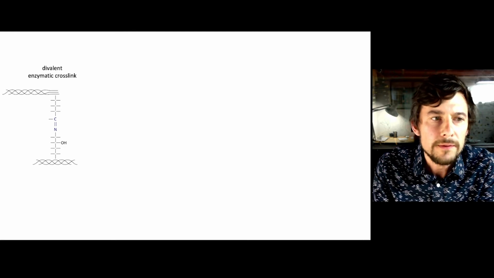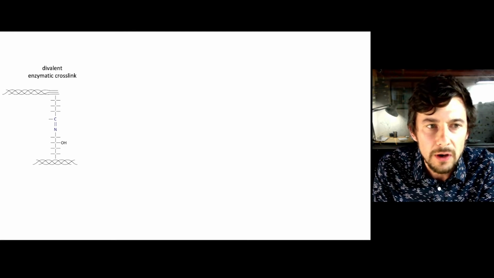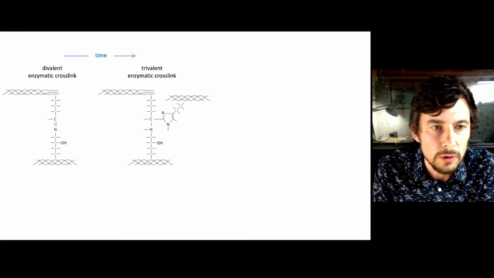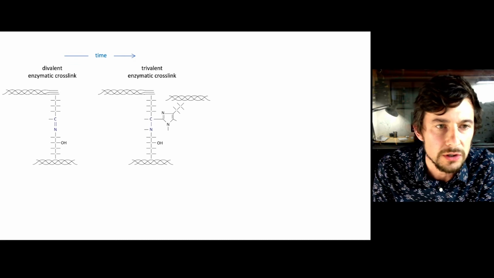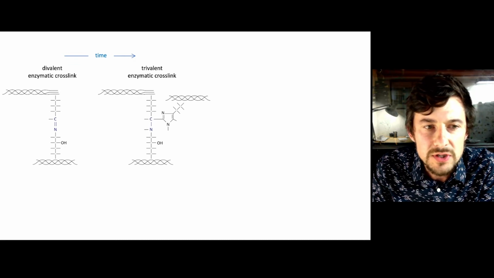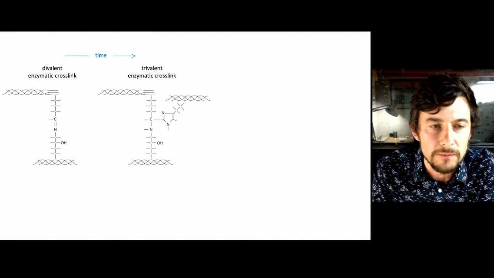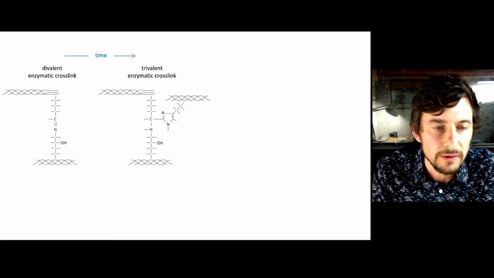Now, with time, divalent crosslinks spontaneously react to form trivalent crosslinks, which link three collagen molecules together. And I'm just showing some of the example chemistries of these crosslinks. There's multiple different species, both of divalent and trivalent crosslinks. So these are just a couple of common examples here.